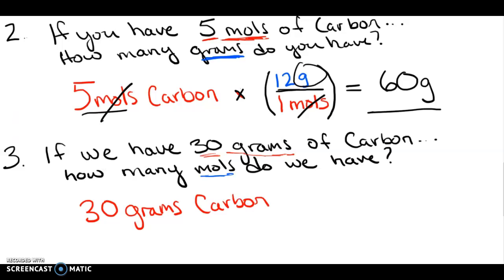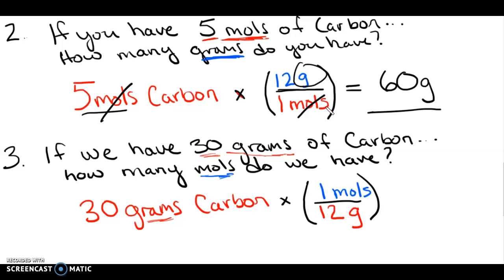And the thing that we want, moles, goes in the top. So grams this time is going to be in the bottom, and moles are going to be in the top. 1 mole for every 12 grams.